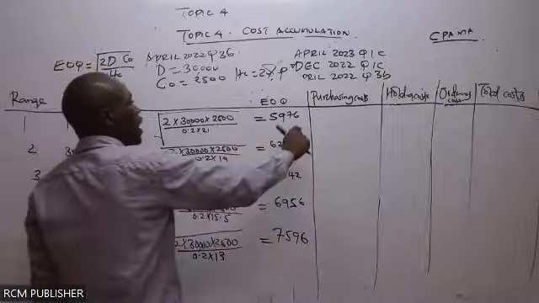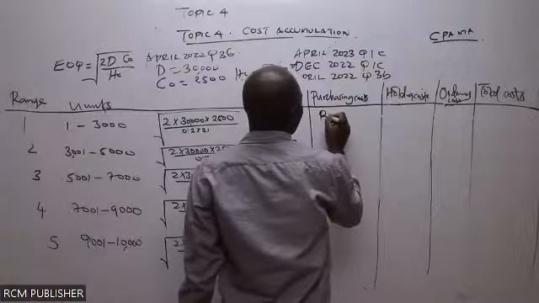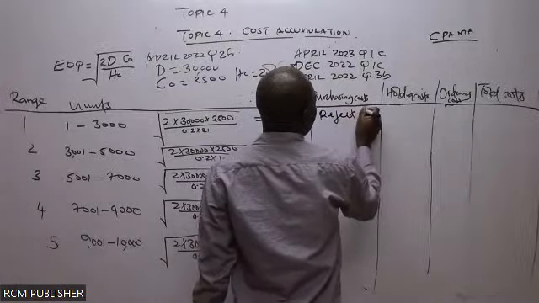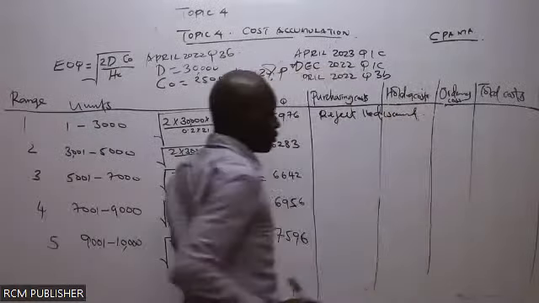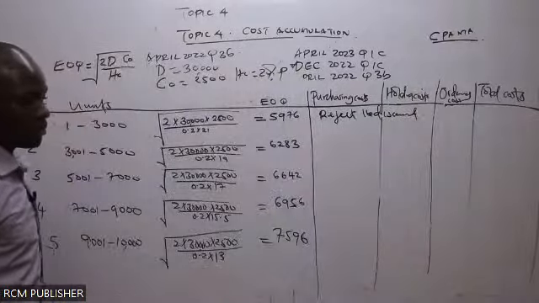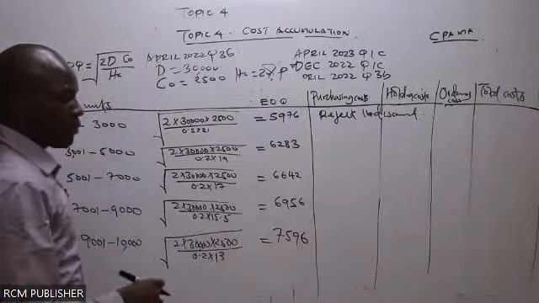So what do I do? I don't need to calculate all this. I just indicate reject the discount. That is what you indicate. Of course, you will have a decent table there.